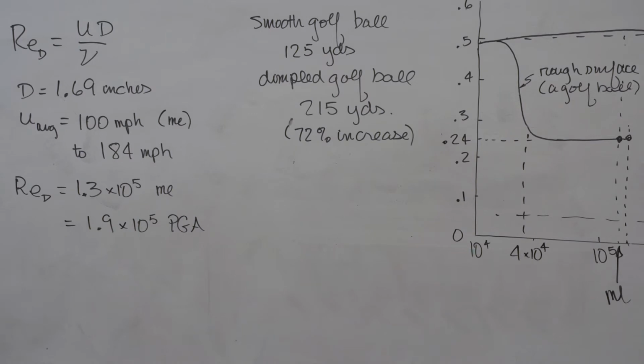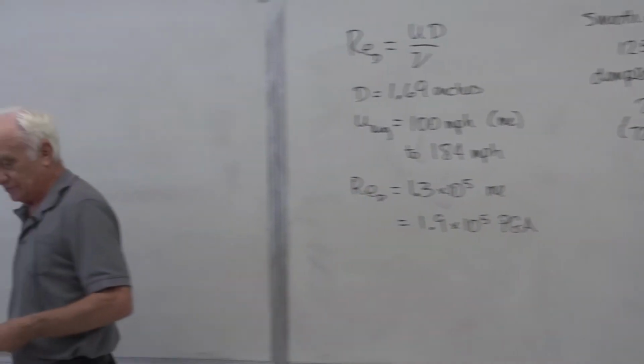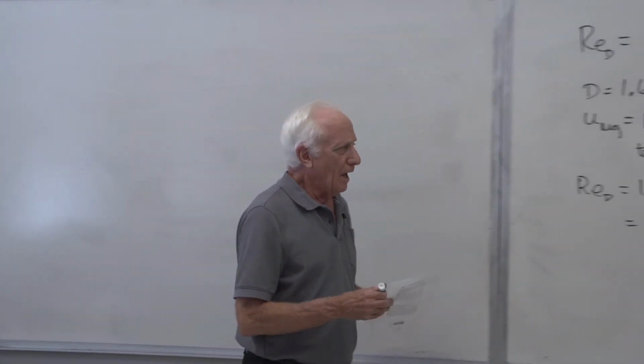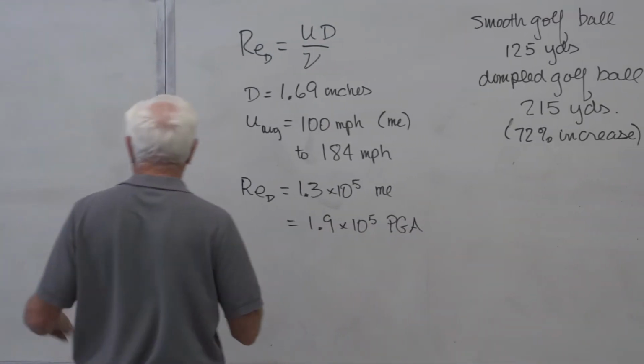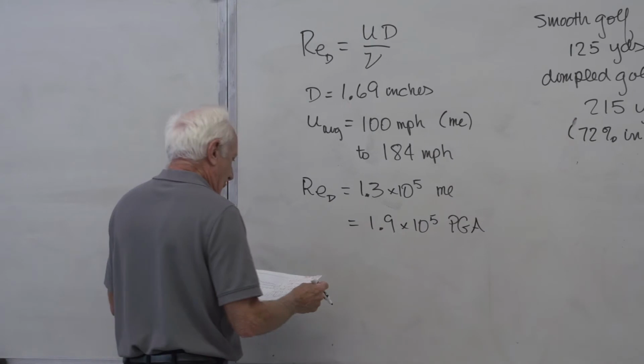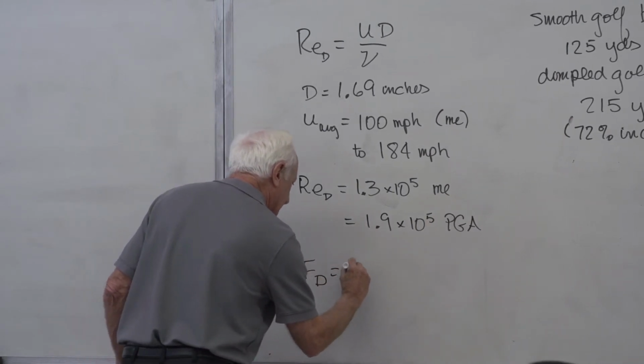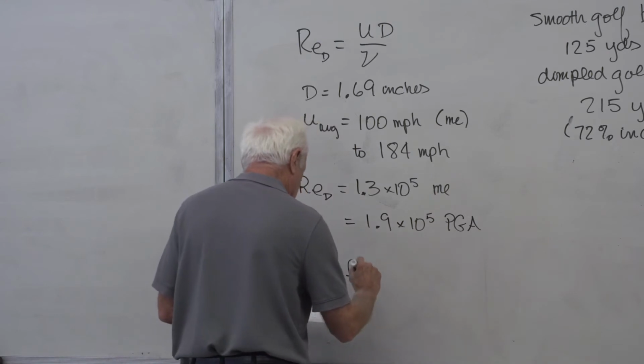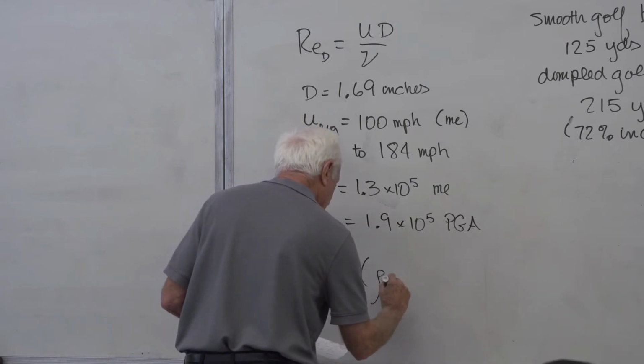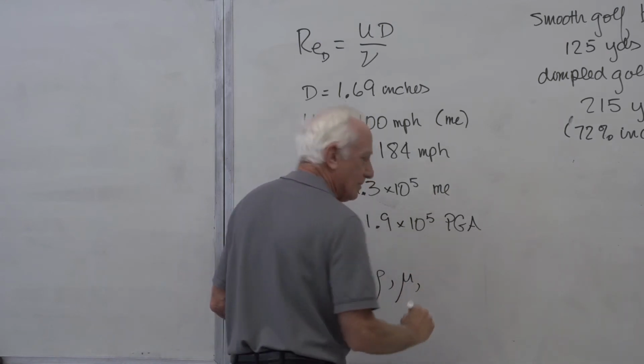By the way, before I get off of this, it ties into, we might as well start reviewing for the final. What does the drag force on the golf ball depend on? It's a function of the following. I think it's a function of the density of air.